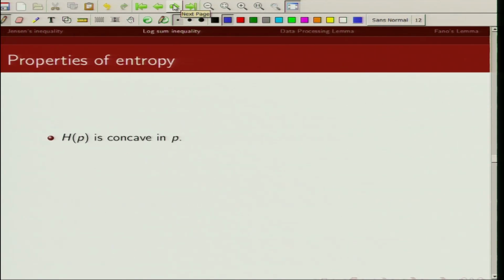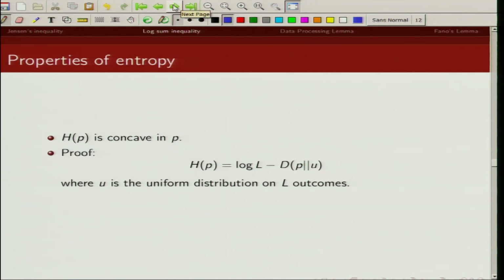Now let us use these results to prove some more results on concavity and convexity. Let us prove that entropy is a concave function of P. In the previous lecture, when we defined the divergence between two random variables x and x hat, where x hat was uniformly distributed, we showed that the entropy of P is log of L minus the divergence between P and the uniform distribution.